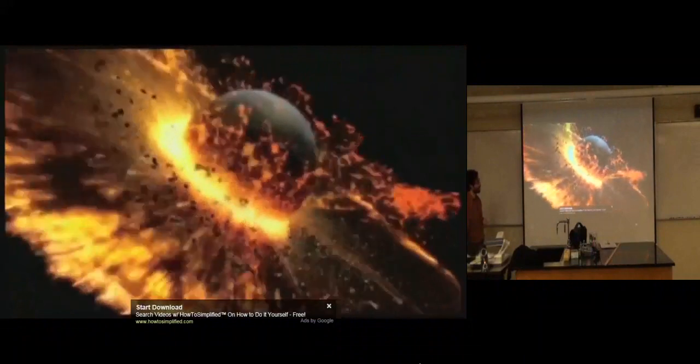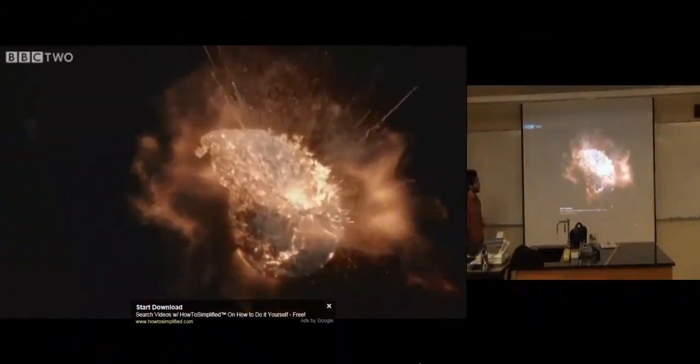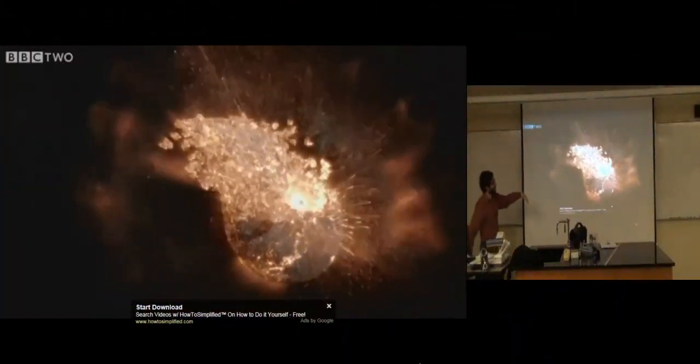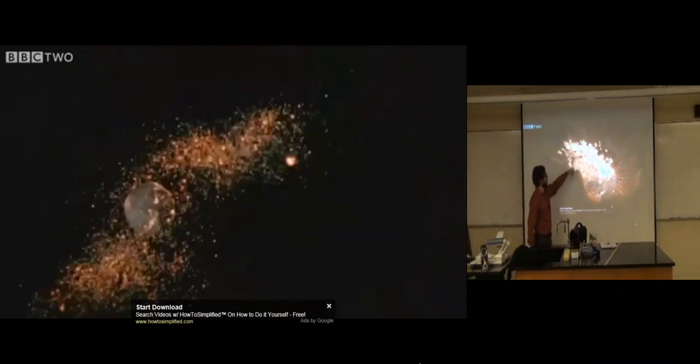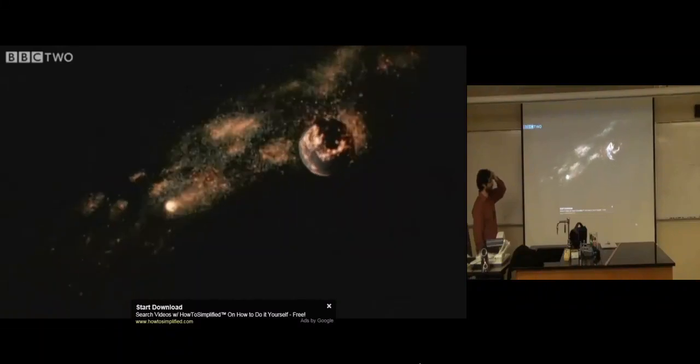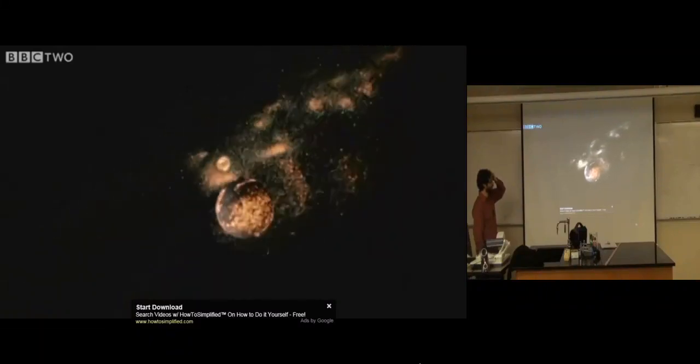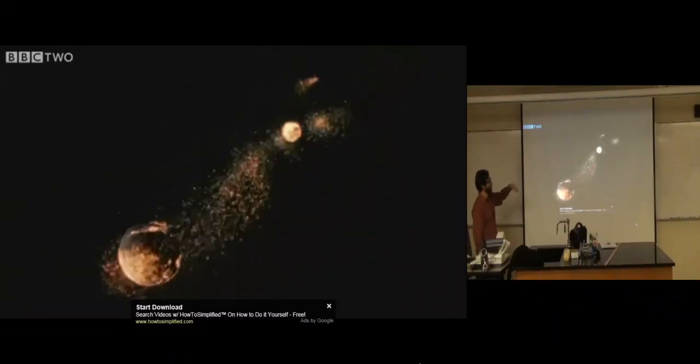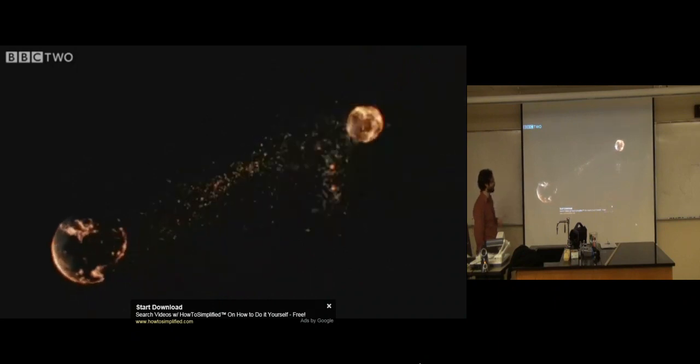This is also fairly accurate in the sense that the impactor actually sheared off and left a chunk of what's now basically Earth. And this is a little bit too fast, but the debris condensed back into the moon.